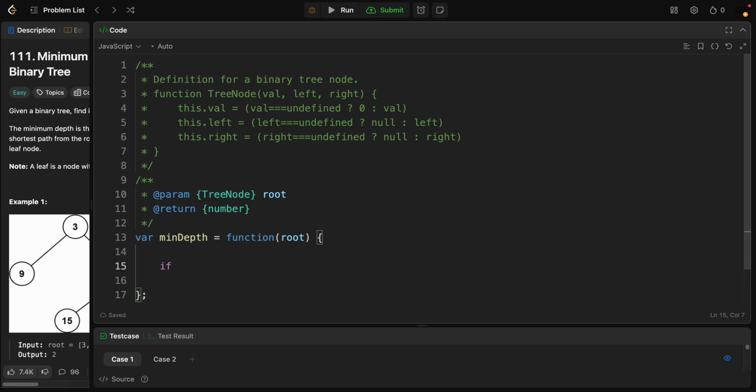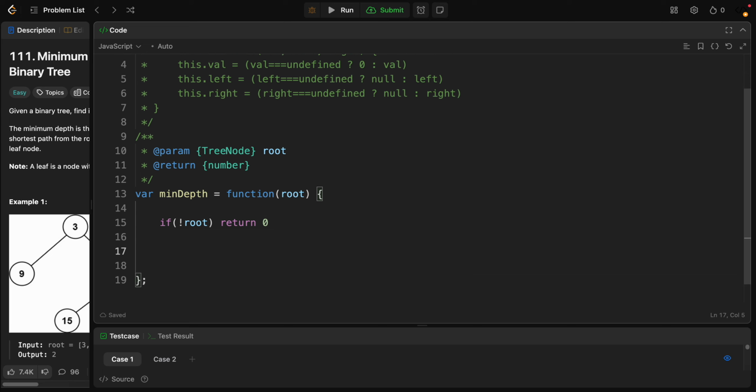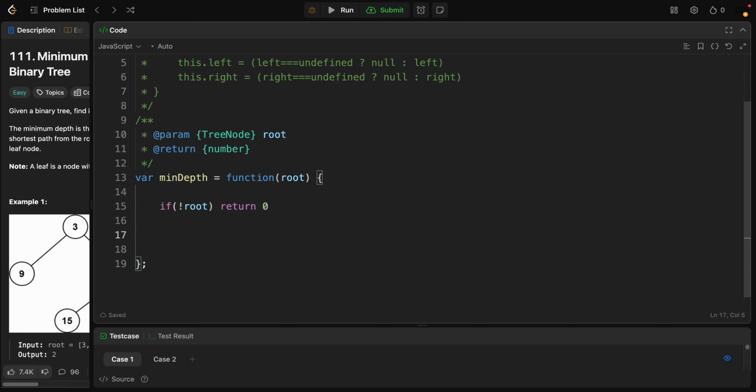If there is no root, if there is nothing to find, we return 0. So if the tree is empty, the depth is 0.